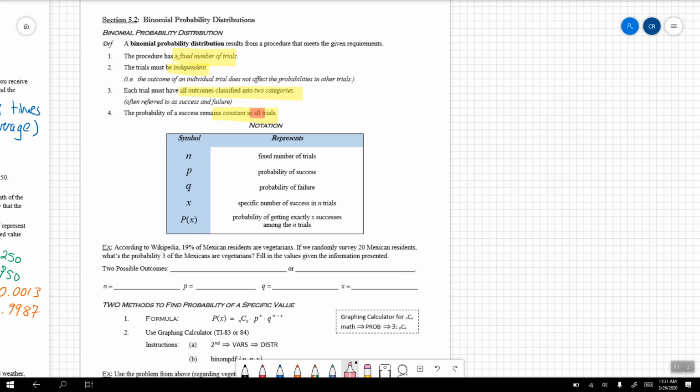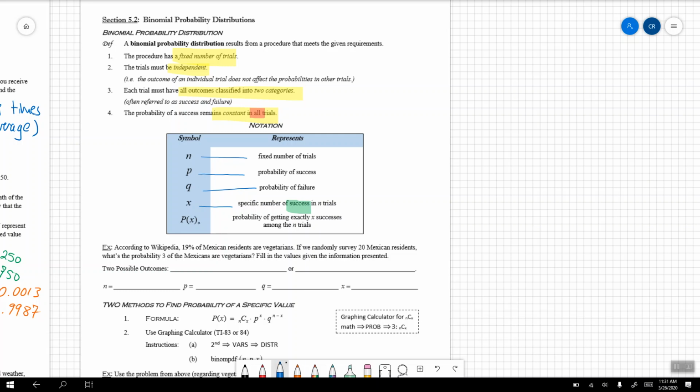Now we have terminology for this. N is the number of fixed trials. P is the probability of success. Q is the probability of failure. X is the specific number of successes in N trials. We're going to be very careful here, because the word success just means that we have a favorable outcome, meaning we are looking at the probability that that outcome occurs.